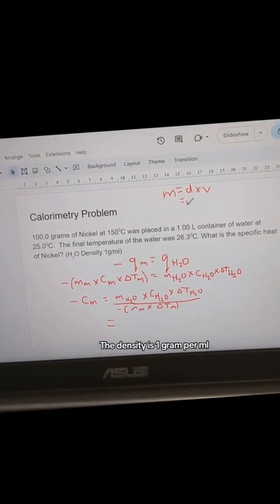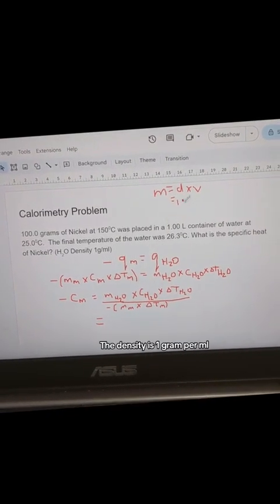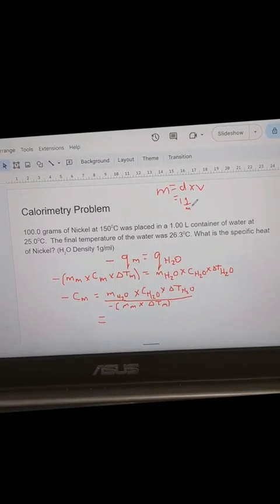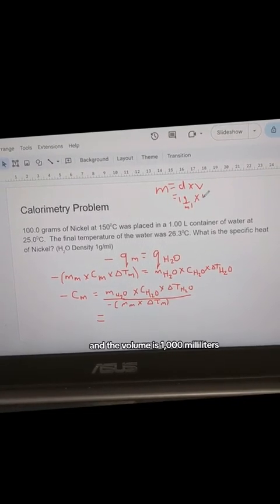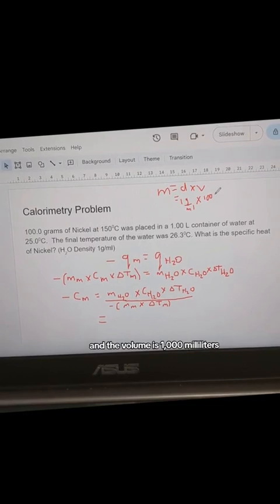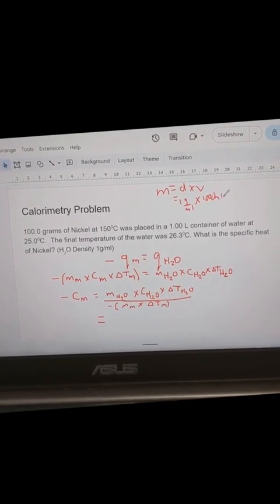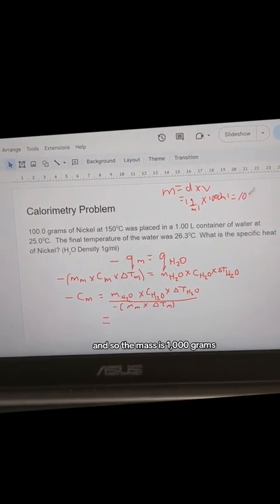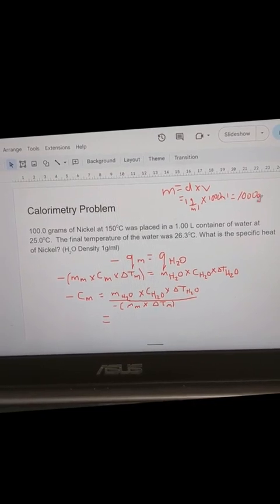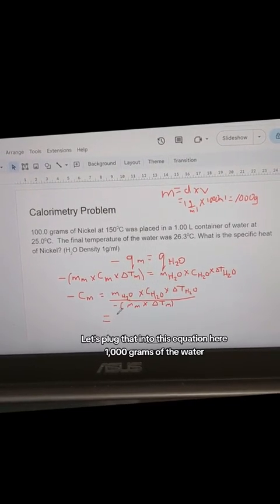The density is 1 gram per milliliter, and the volume is 1,000 milliliters. And so the mass is 1,000 grams. Let's plug that into this equation here.